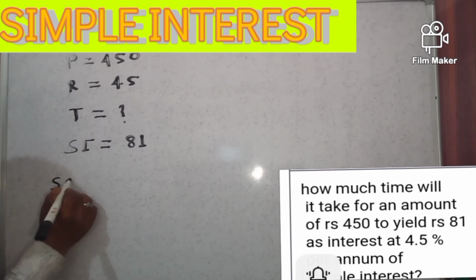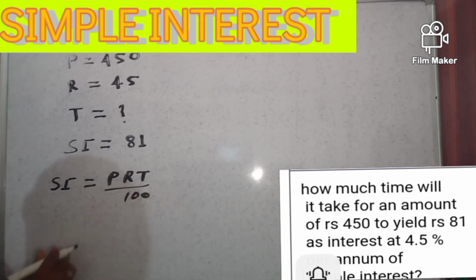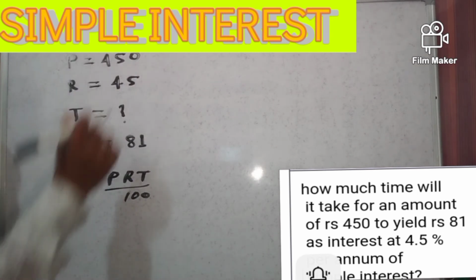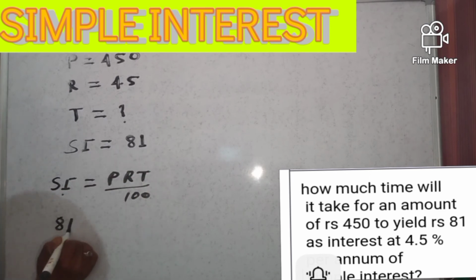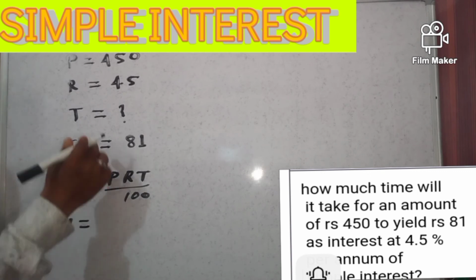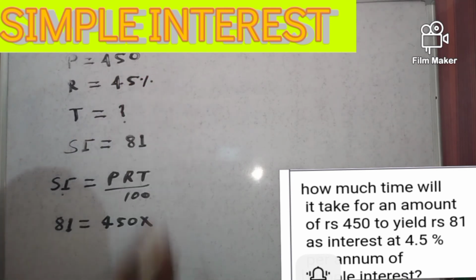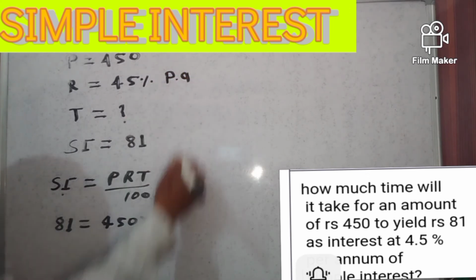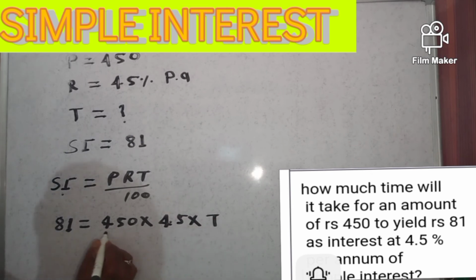Simple interest formula is PRT by 100. Okay, so principal is given 450 and simple interest is given 81, so keep it 81 and principal is 450, so keep here 450 and rate of interest is 4.5% per annum. Okay, so keep here 4.5 into time is not given, so keep it as T by 100.